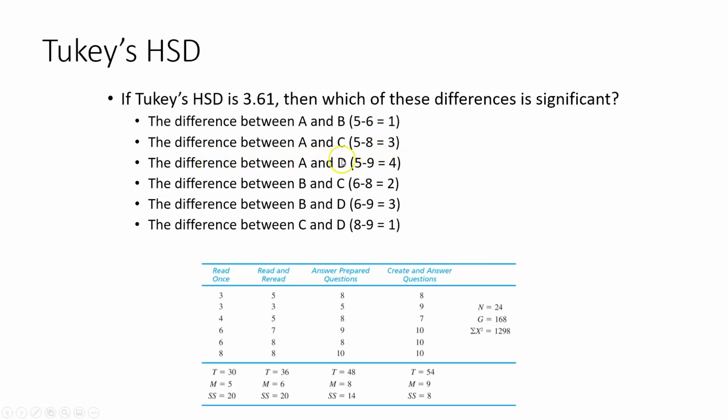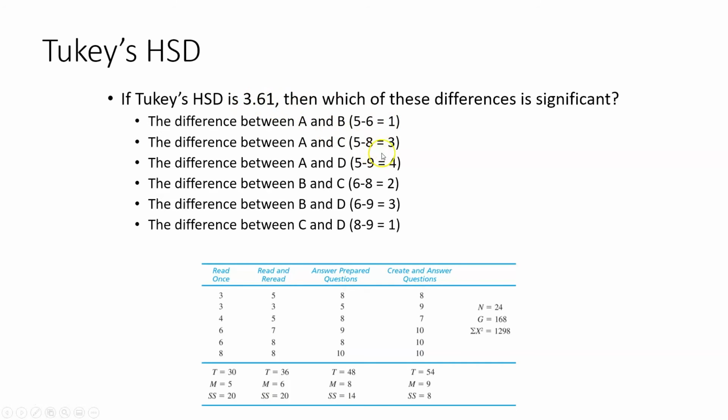The difference between A and D, the first group and the fourth group, or 5 and 9, 5 minus 9, a difference of 4. And you could compare the rest, B minus C, B minus D, C minus D, and in each of those conditions, if you take the mean and compare them across, and you do all those mean comparisons, you need to see which of these mean differences is larger than 3.61.